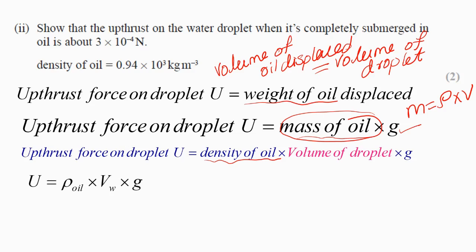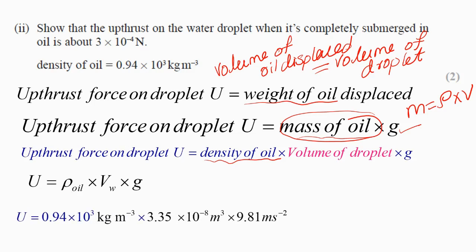Now we know all the values: upthrust force is equal to density of oil times volume of water droplet times acceleration due to gravity. Substituting the density of oil, 0.94 × 10^3, and the volume of the water droplet, which is equal to the volume of oil displaced, 3.35 × 10^-8 m³, and acceleration due to gravity 9.81, we get the upthrust force as 3.09 × 10^-4 Newton.